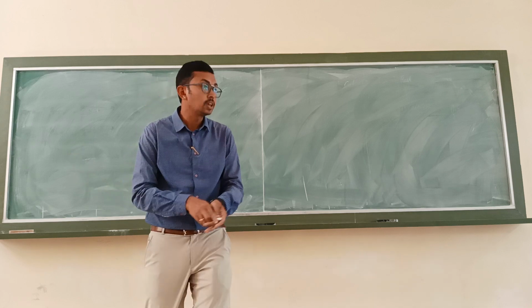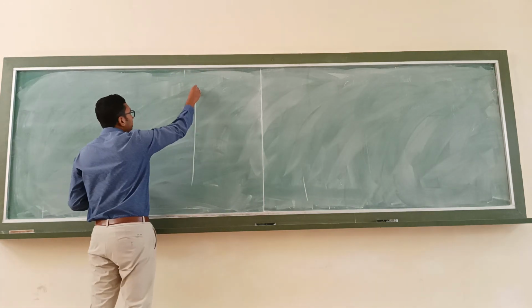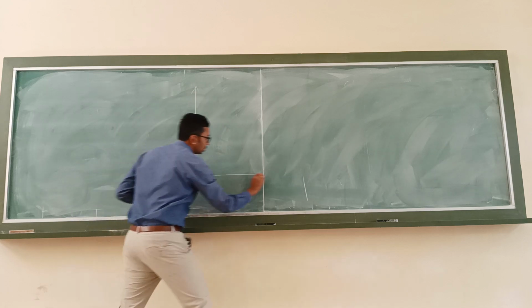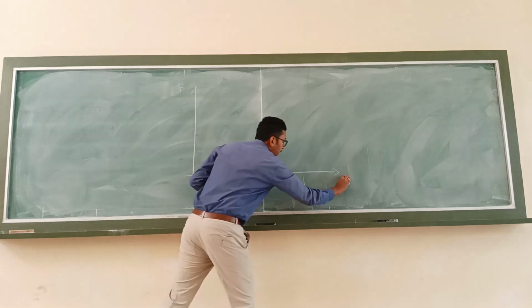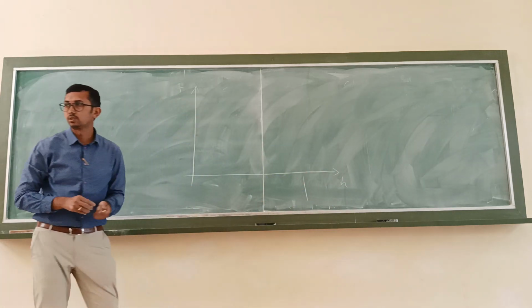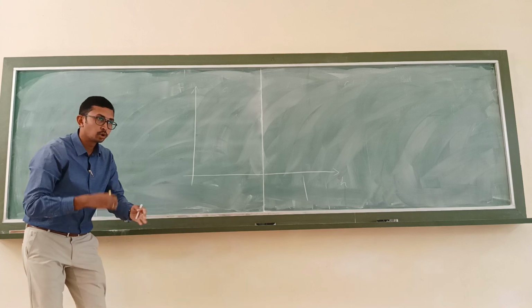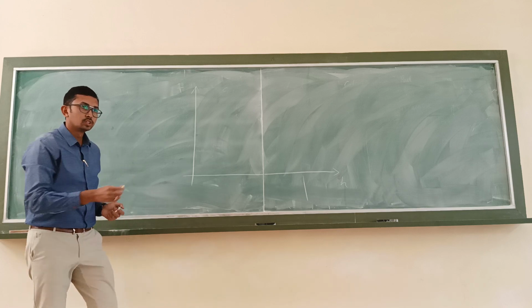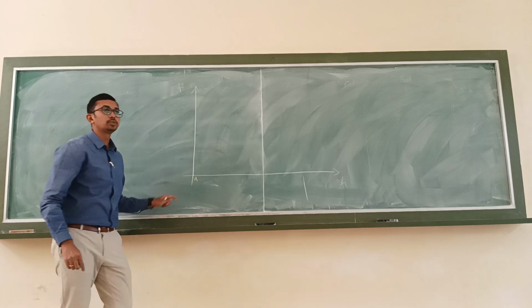Okay, let me do a fast recap. This is the temperature-enthalpy diagram, which we did in the previous class. I am going to explain it once again. What is the position A?